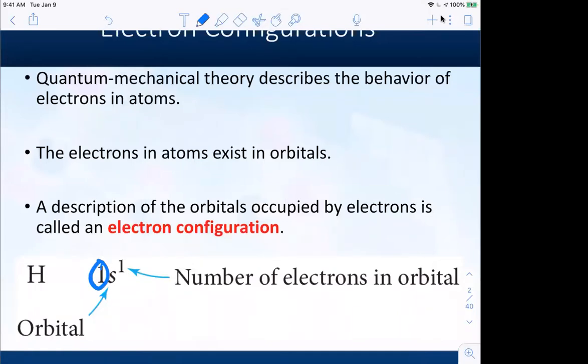That's going to be my electron configuration. This is the orbital type, which is an s. And then here's the number of the electrons that I have to put into those orbitals. So for hydrogen, my electron configuration is 1s1.